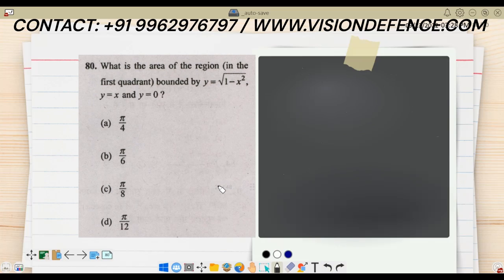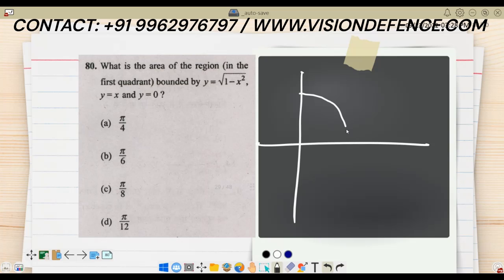What is the area of the region in the first quadrant bounded by y equal to root of 1 minus x square, and then y equal to x, and then y equal to 0, right? So I'm going to draw a graph. y equal to root of 1 minus x square, that is the formula of a circle, of course, with a radius 1 centimeter, right? And then y equal to x, that is going to be like this, and then y equal to 0, that is the x axis.